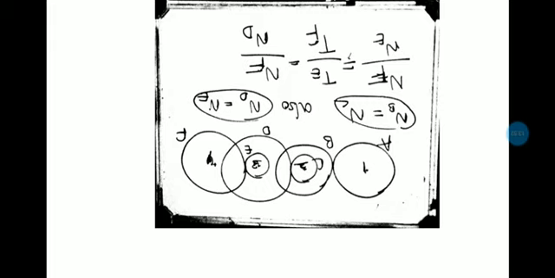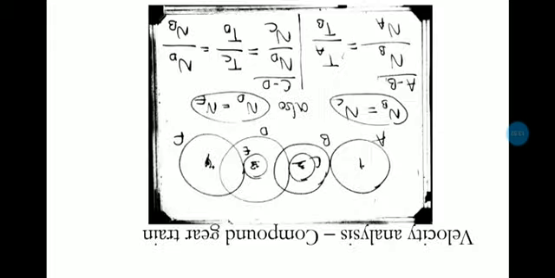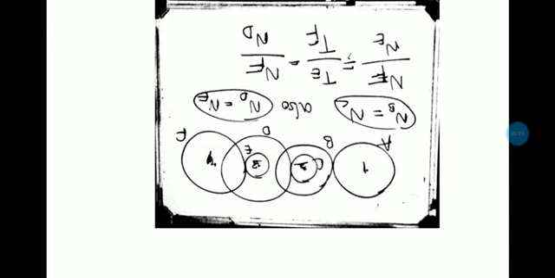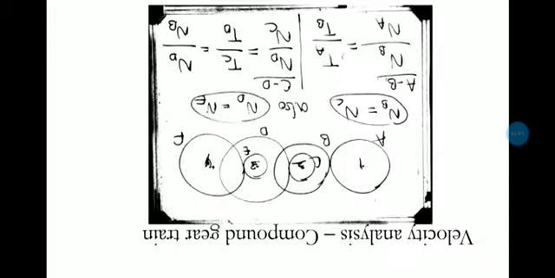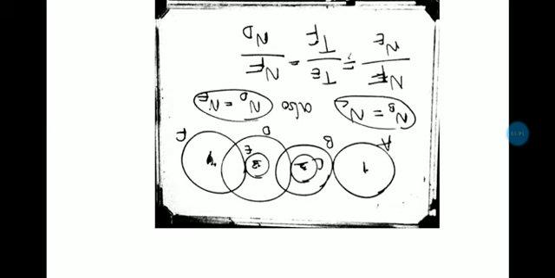Now you multiply all, as in the previous case. On the left side you will get NB by NA into ND by NC or ND by NB. So B will get cancelled. Here again multiply into NF by NE or NF by ND. So D will get cancelled. You should do it in your book so you can understand it clearly.